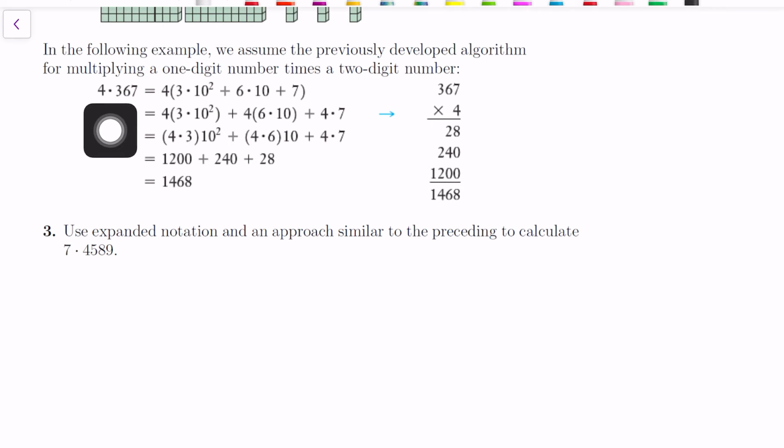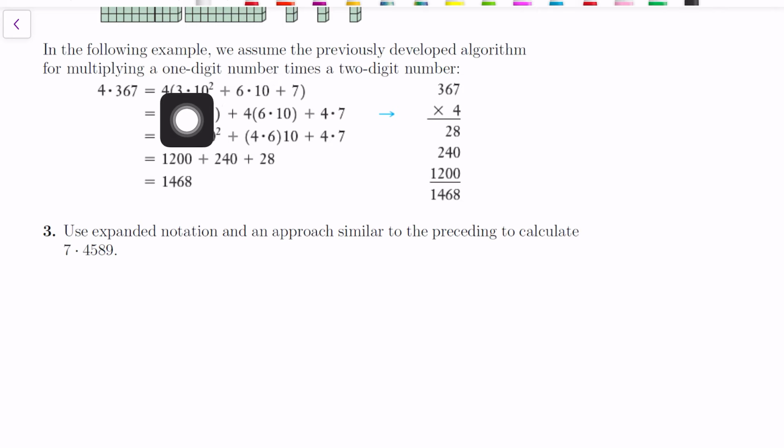Okay, so let's look at this writing here, because I want to explain why, when you're multiplying, you can focus on multiplying longs, flats, units, and blocks separately. It comes from this, because that's what the expanded algorithm does. If you want to write 367, remember in base 10 it means 3 times 10 squared, 6 times 10, and 7.